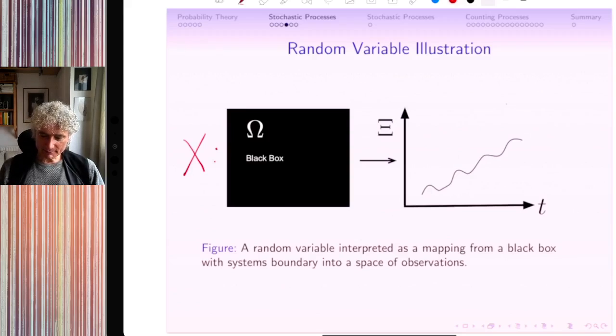Then you see the interpretation of Xi here is that this extracts certain numerical values out of omega. So for example, you measure with a random variable something like the temperature in omega, and then you see that this would be measured continuously and would give rise over time here to some observation which lives in this space Xi.